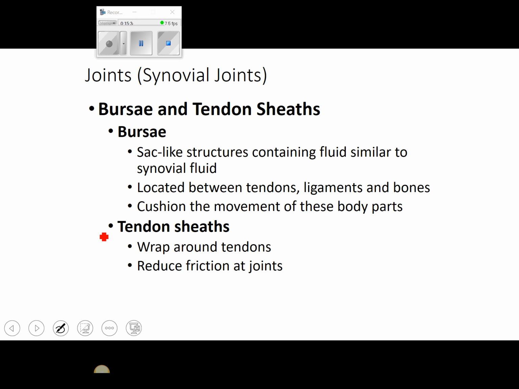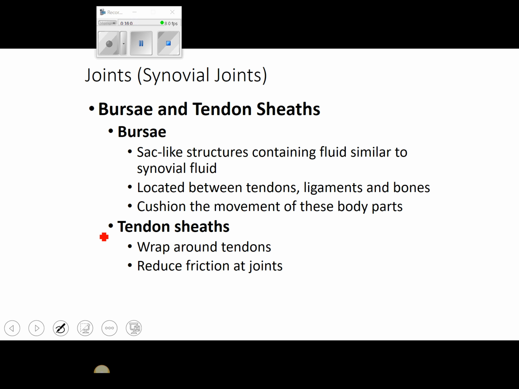So, bursae and tendons. A bursa is a small, thin, fluid-filled pocket that forms in connective tissue, usually outside of a joint capsule. It contains synovial fluid and is lined by a synovial membrane. Bursae often form where a tendon or a ligament rubs against other tissues. It's located around most synovial joints, including the knee joint.